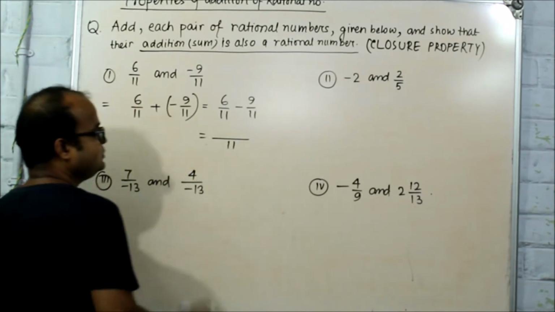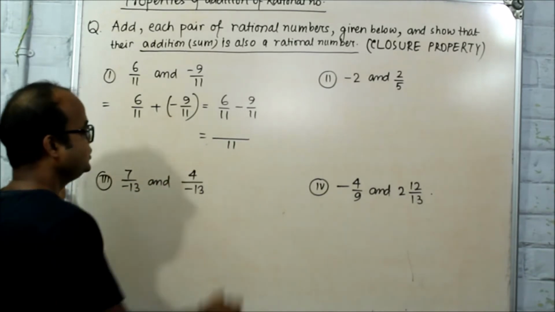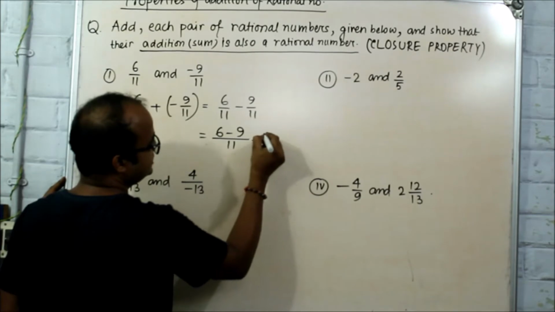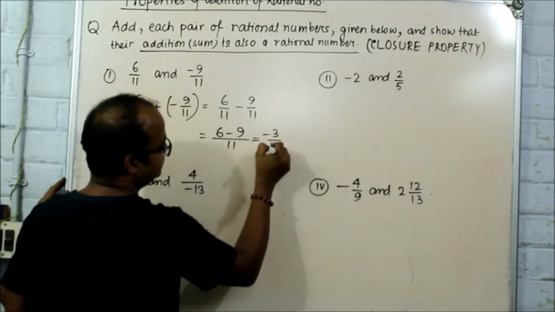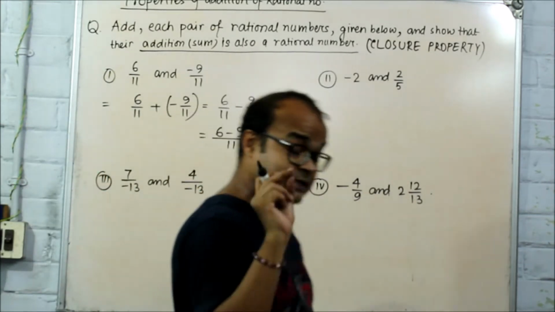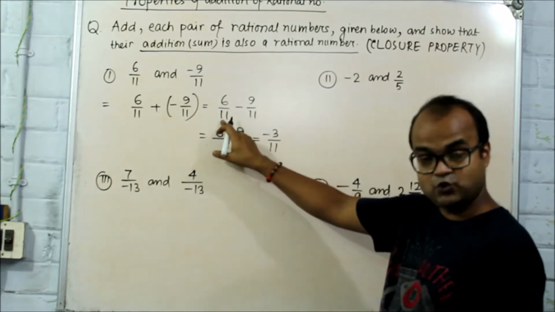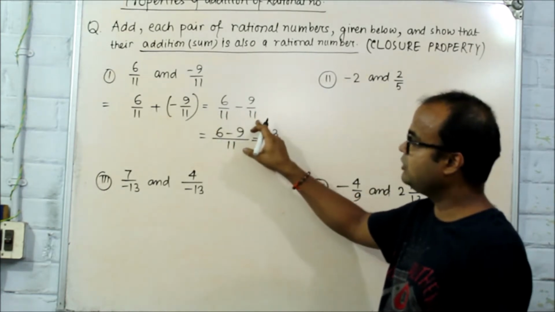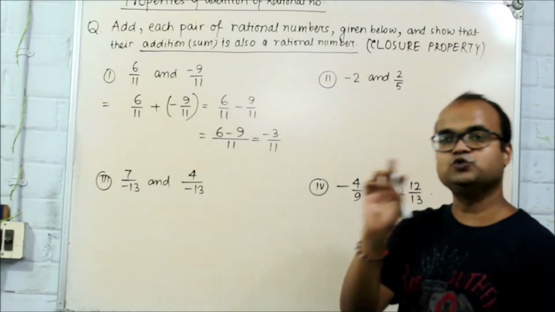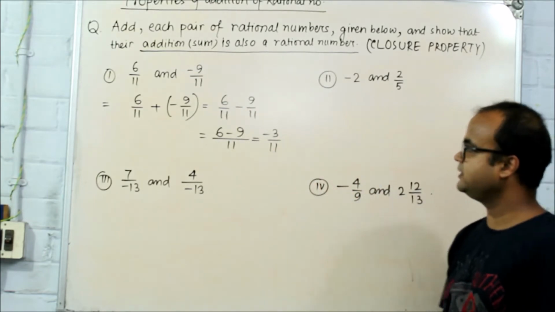Now the LCM is 11. So the numerator is 6 minus 9, that is equal to minus 3 by 11. One thing you need to remember, children: whenever the denominators are equal, you need to add or subtract the numerators. So it is simply 6 minus 9, which is equal to minus 3 by 11.